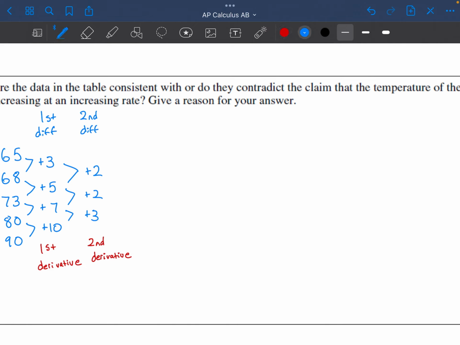So give a reason. I mean, having that table is pretty good so far, but even if I didn't have this table, I could answer the following.